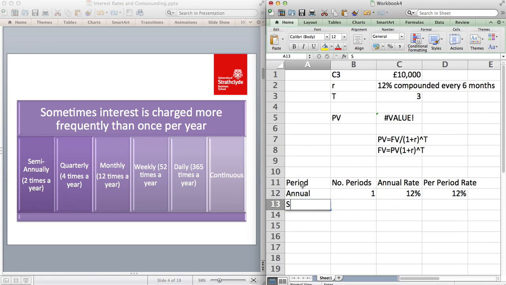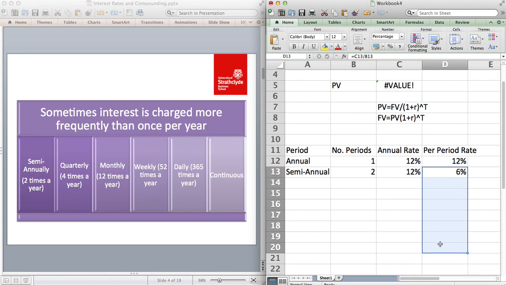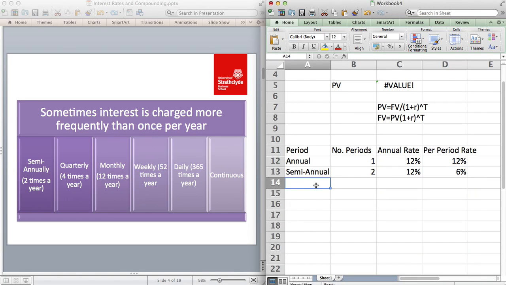If we say semi-annual, the number of periods is 2 because it's every 6 months. The annual rate is still 12%. The per period rate is 12% divided by 2, which is 6%. Quarterly, there are 4 periods, the annual rate is 12%, and the per period rate is 12 divided by 4, which is 3%.